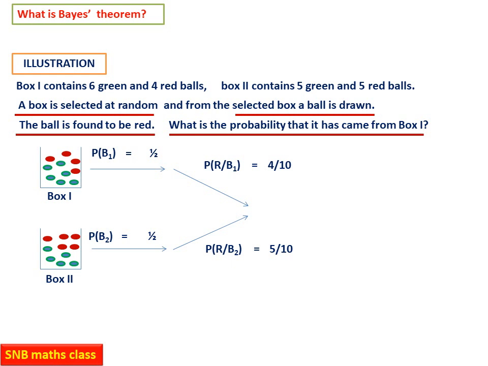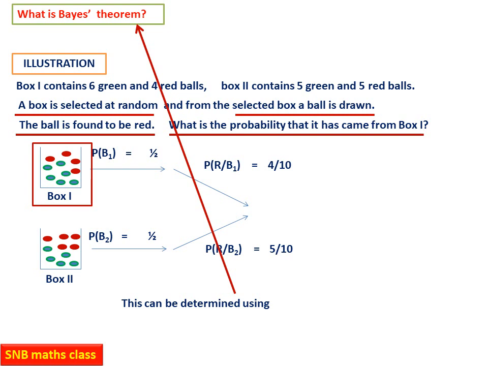Now, what does the probability that it has come from box 1 mean? It means the ball is red already. Now the question is, what is the probability that it is from the first box? This can be determined using Bayes theorem. Bayes theorem is also known as the reverse probability theorem, because here what is asked is not probability of R given B1, that is reverse.